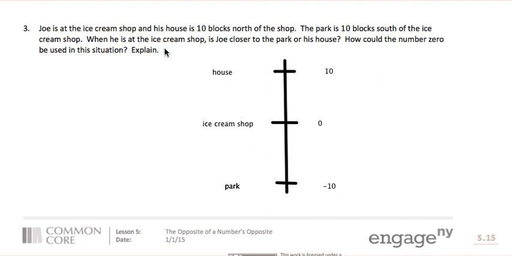When he is at the ice cream shop, is Joe closer to the park or his house? Well, the park is 10 blocks south and his house is 10 blocks north. So Joe is exactly the same distance to his house or to the park.